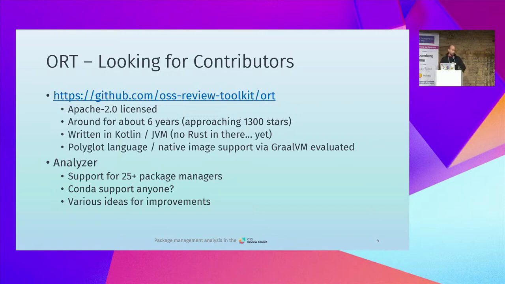For example, Conda support is not yet there. We support, of course, Python and pip and poetry and all that, but Conda not yet. So maybe we're going to look at Pixi or so, which is what I've learned about here. And we have other various ideas for improvements. So thank you.